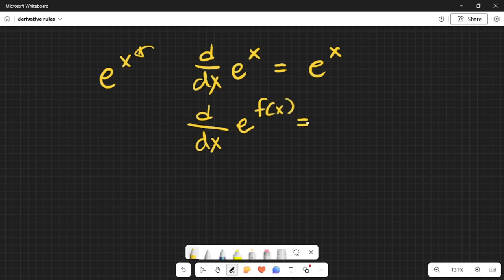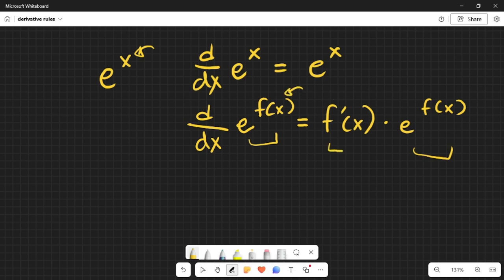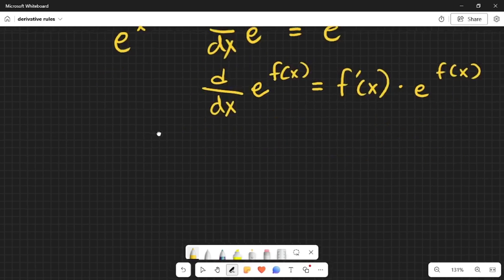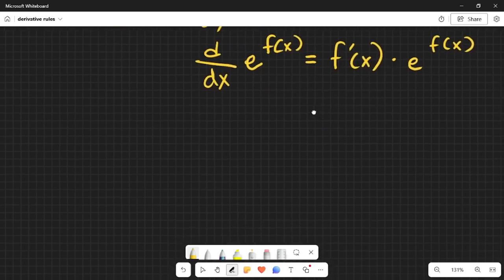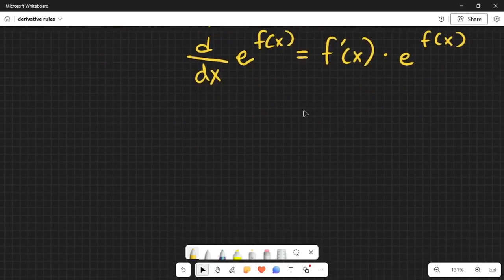It would be equal to the derivative of f of x multiplied by the original function. You just copy this, and then you take the derivative, and then you're going to multiply it by e. Using this general formula, we can solve for exponential functions.